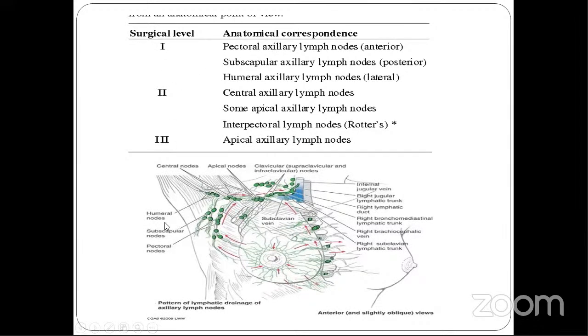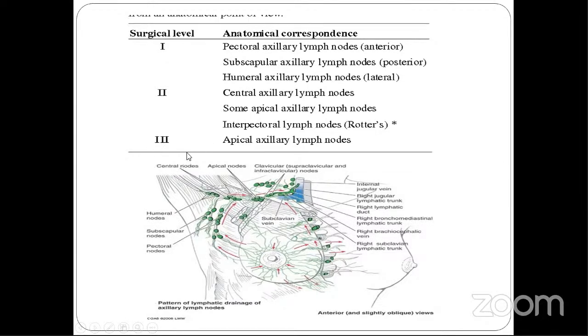One, you can see here, this is the pectoral node, and the subscapular node here, so it's pectoral, subscapular, and humeral nodes. Then we have two central nodes here, as you can see, the central node here, and some apical nodes here.